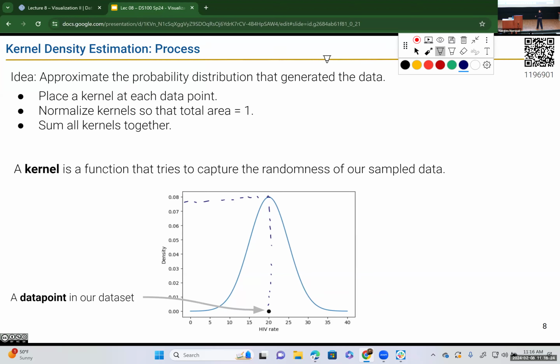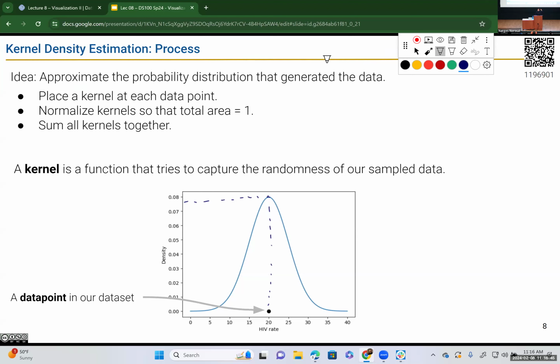What that means is that if I want to come back and sample a data point, with high probability, I'll get the same data point. With the smaller probability, I'll get a slightly higher value or a slightly lower value. And as I move away from that center, the probability is going to drop substantially. That's why it's kind of modeled with this Gaussian curve that we have here.